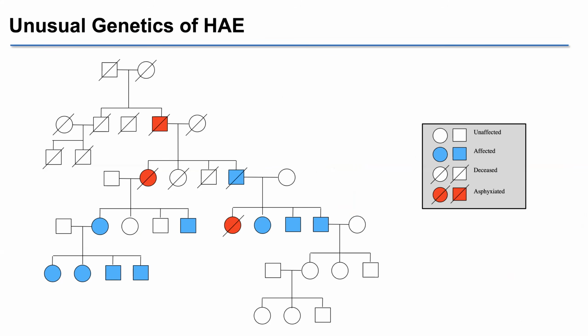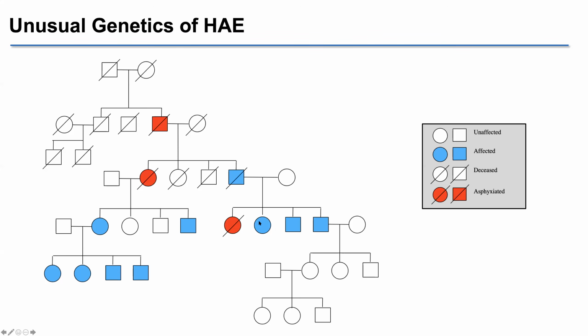So here, I'm going to go back to the genetics for a minute. This is the classic inheritance pattern of HAE due to C1 inhibitor deficiency, which is autosomal dominant, like all HAE forms are. 50% of the children of an affected parent tend to get the disease, and it sorts independently.